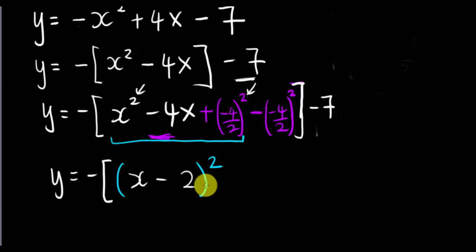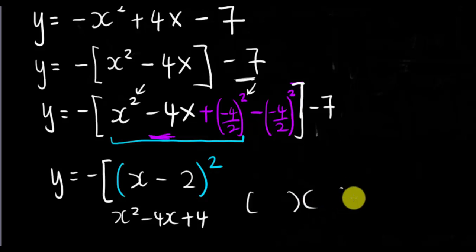Why do I only take it like this? Because if I expand this bracket, what I will have is exactly x squared minus 4x plus 4. You can try to expand it like this, x minus 2 multiply x minus 2, and then you will get exactly this.